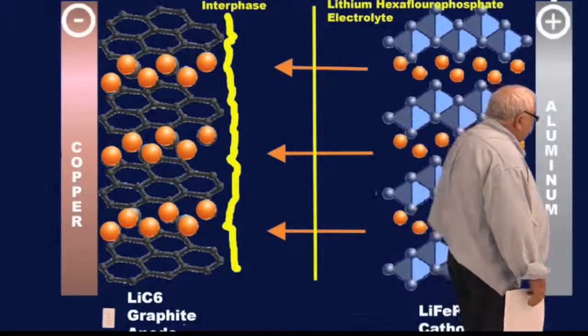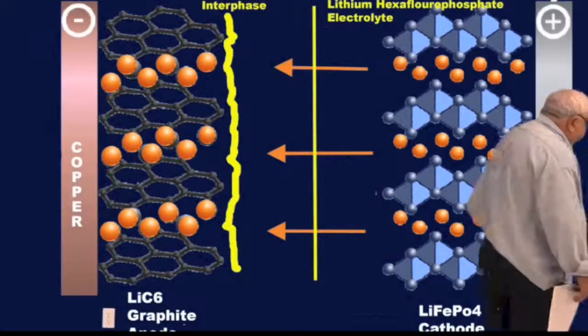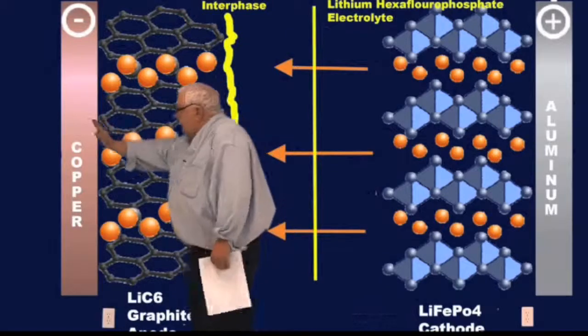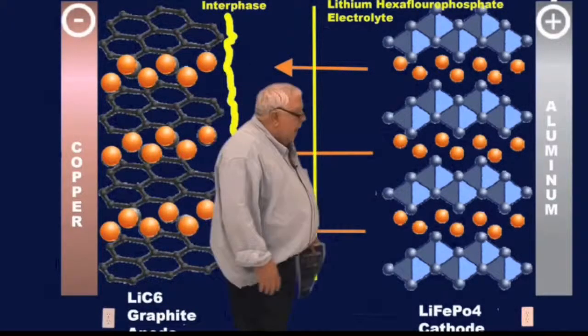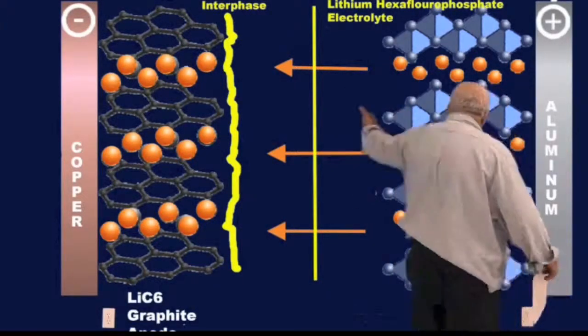But there's another force acting on them, and that is that this is the positive side, and this is the negative side, and we have an electrostatic field between those 2. And that tends to accelerate the lithium ions in this direction.